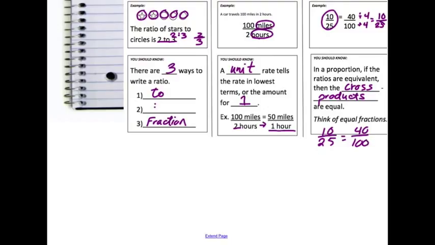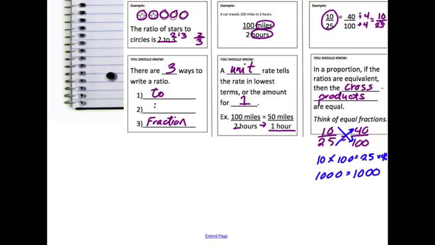The cross product really means what happens when I cross multiply. So 10 times 100 is equal to 1,000, and 25 times 40 is also equal to 1,000.